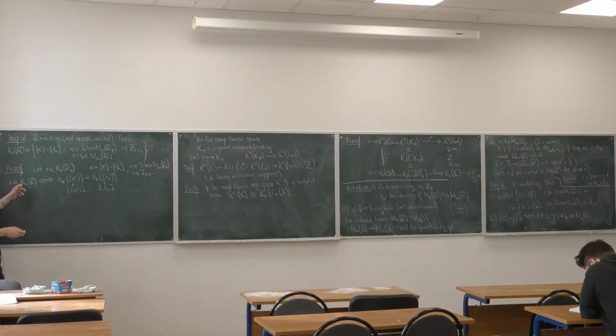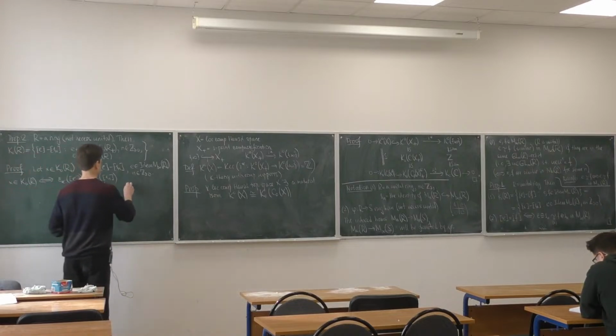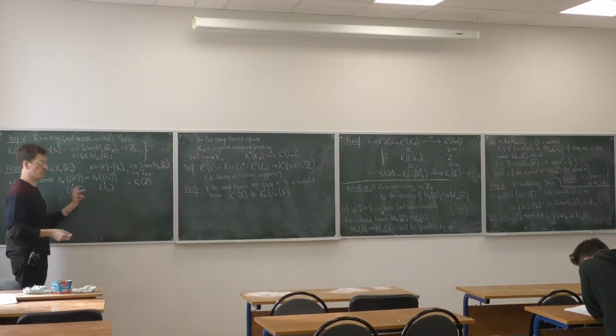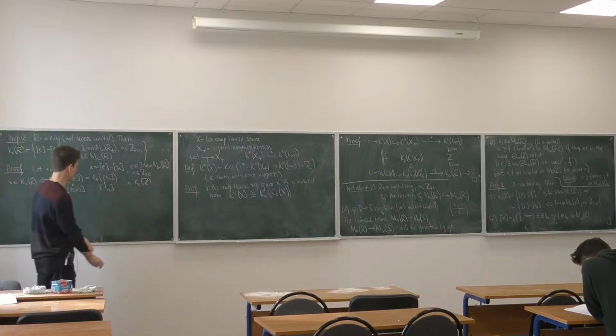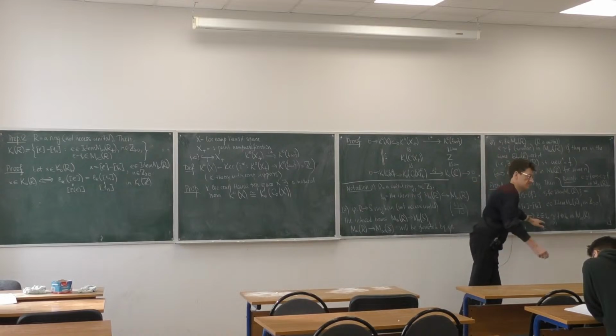So we see that x sits in K0 of R if and only if these two elements are the same in K0 of Z. That is, the respective idempotents, this one and this one, are stably equivalent. So two elements of K0 are the same if and only if they are stably equivalent in this sense.